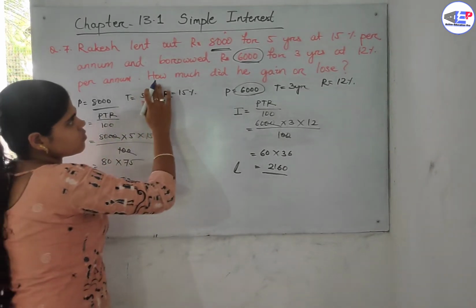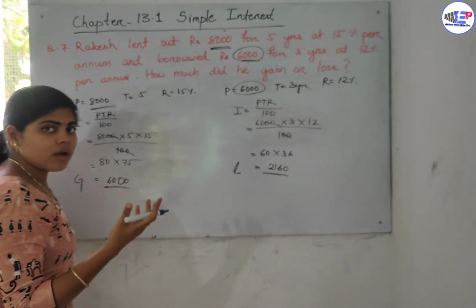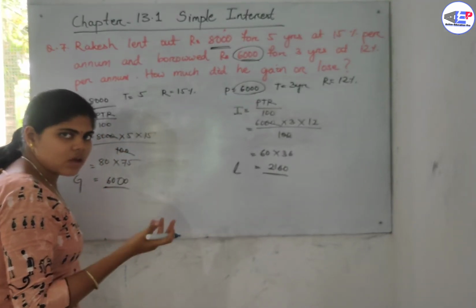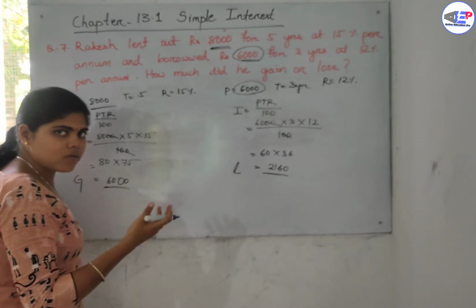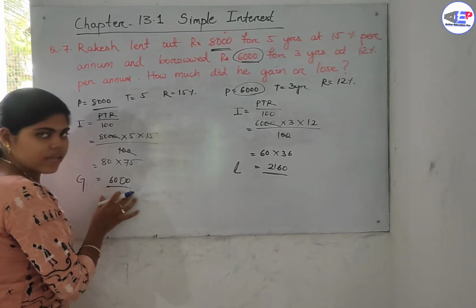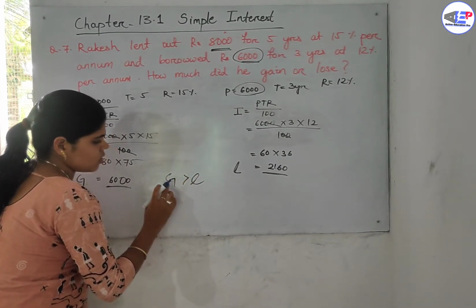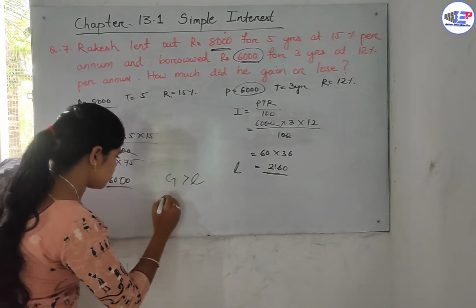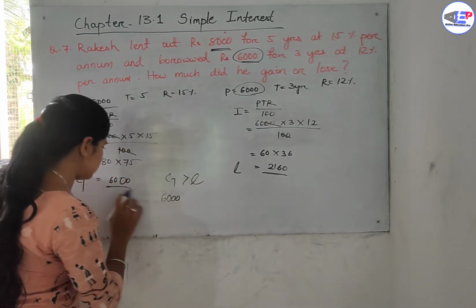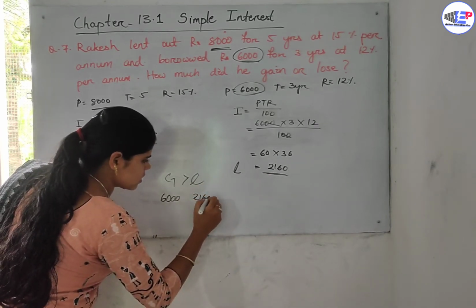And the final question was to find out how much did he gain or lose, means the amount, and whether this amount is gain or loss, whether the maximum amount he will pay or he will get. So here the gain value is greater than the loss value. This is gain and this is loss. Here gain interest amount is 6,000, and then the interest is 2,160.